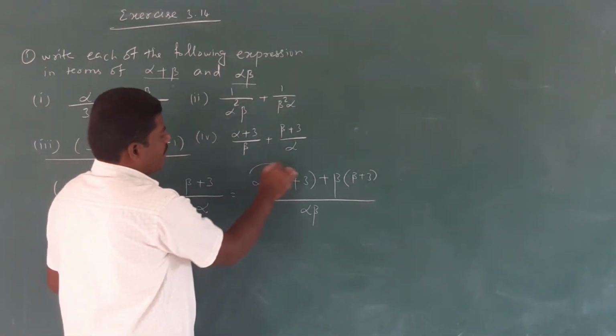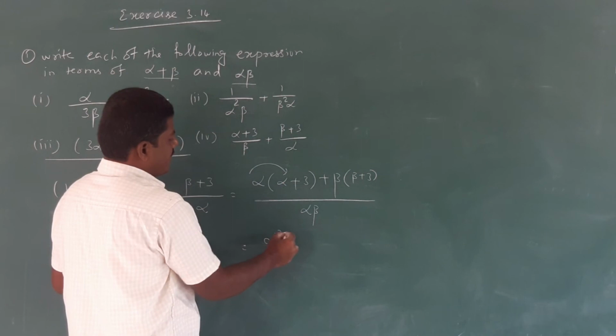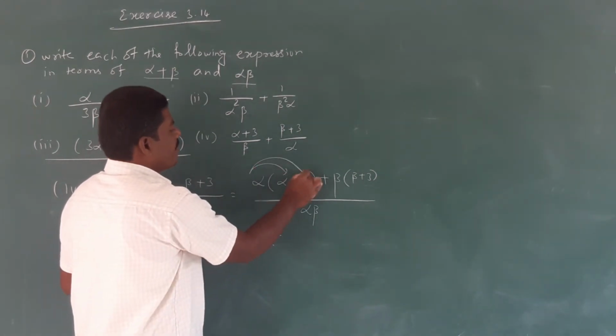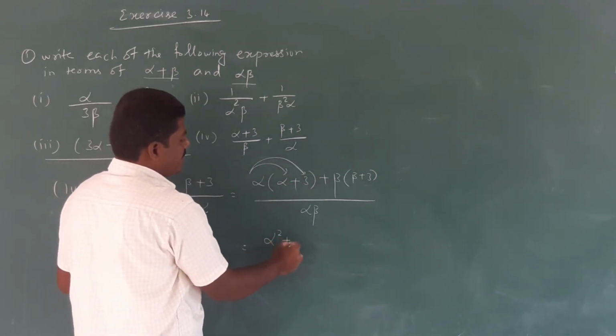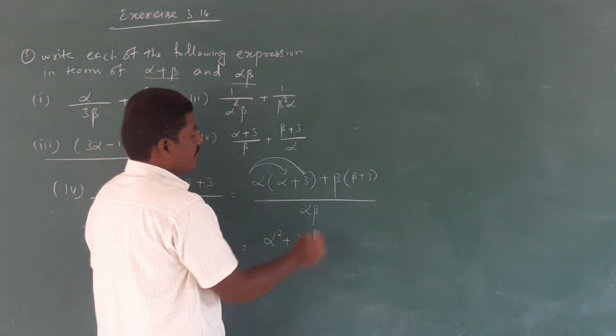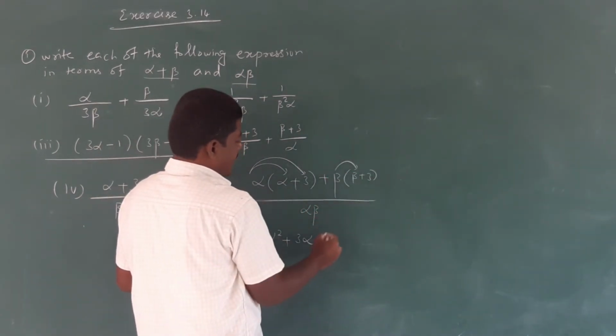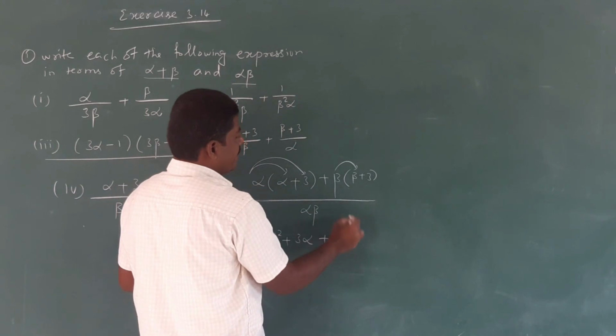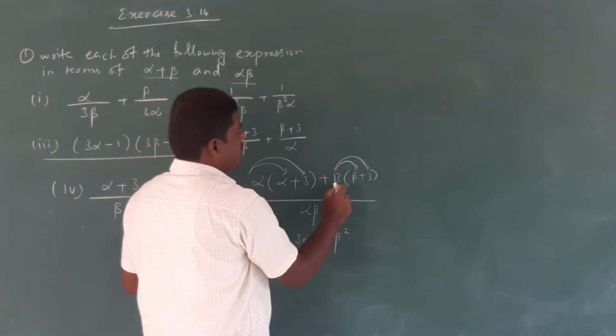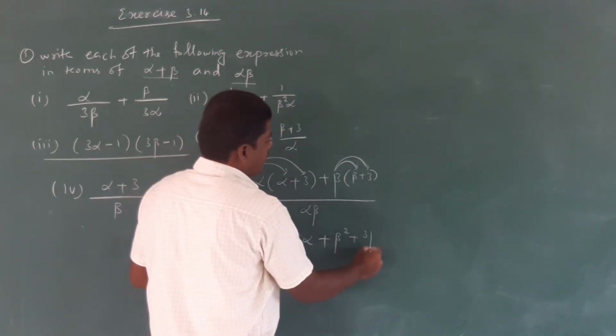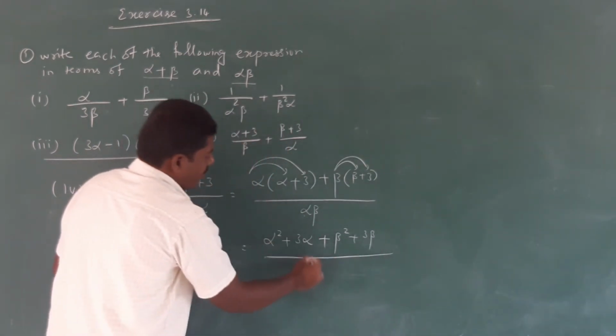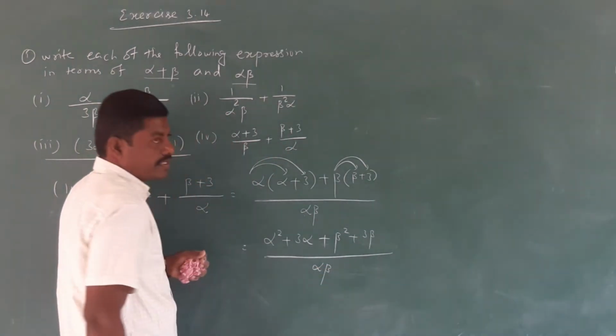Now, alpha times alpha is alpha square. Alpha multiplied with 3 means 3 alpha. Again, beta times beta is beta square. Beta multiplied with 3 is 3 beta. Divided by alpha beta. Understand?